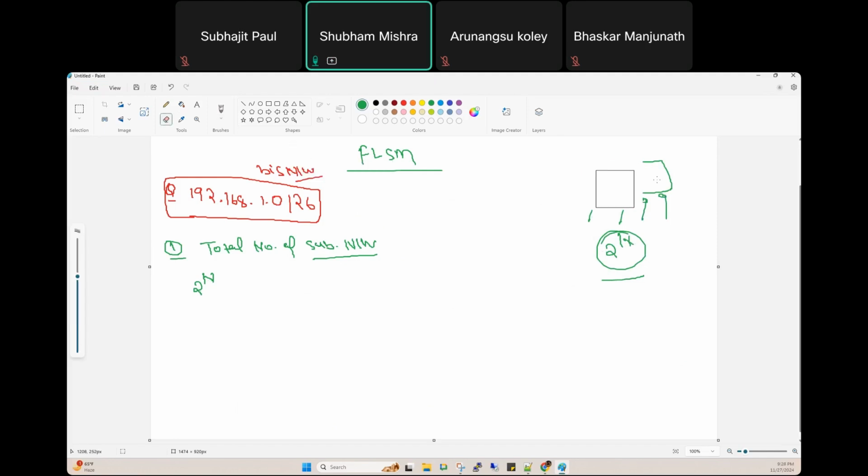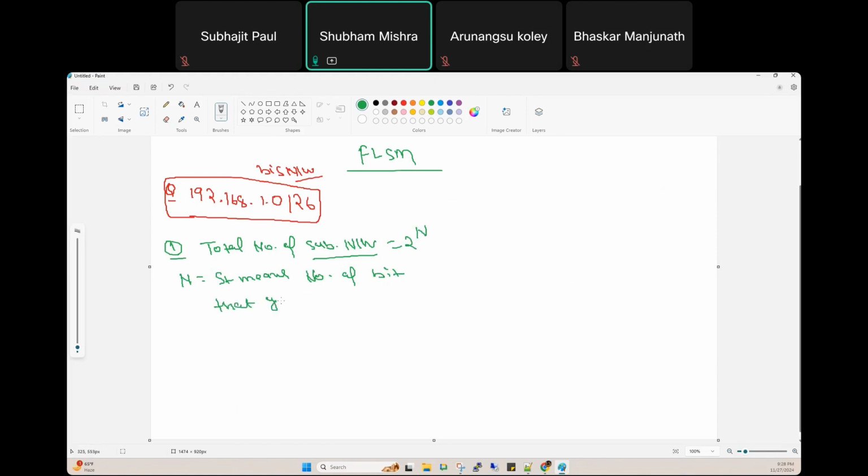Now, what does n mean here? The total number of subnetworks is 2 to the power n, where n means the number of bits that you borrow from the host portion. That is the meaning of n.